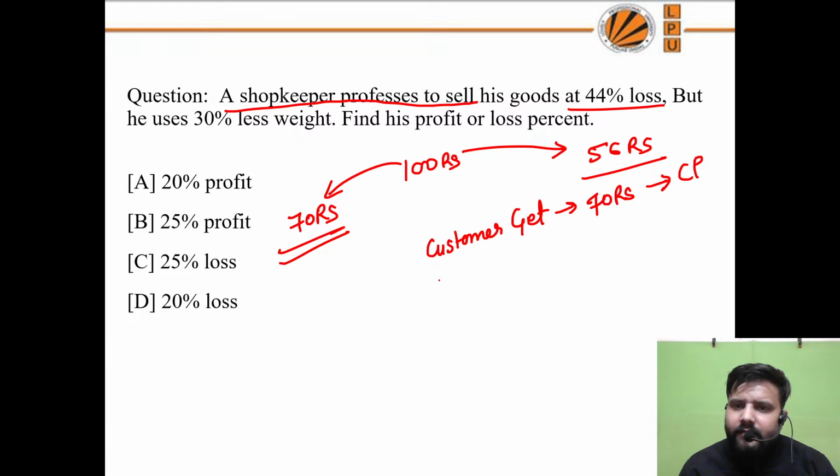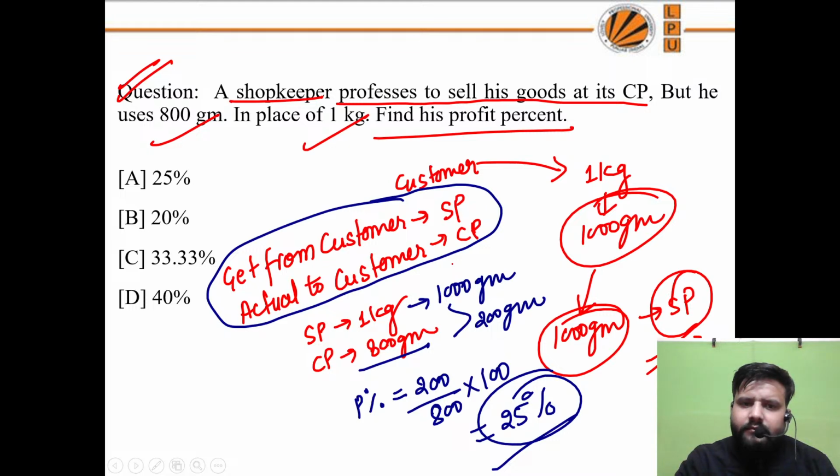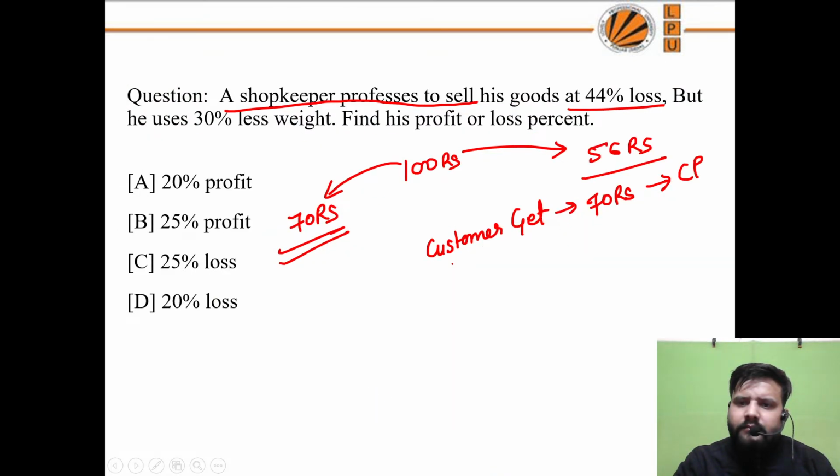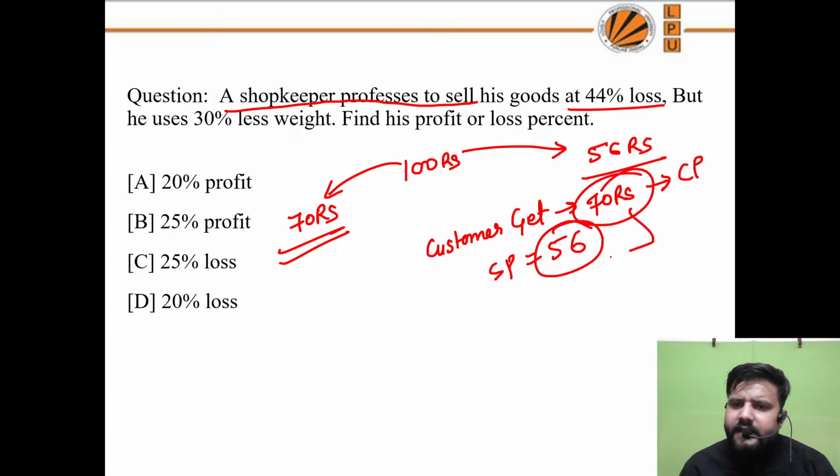So your SP for the question is 56. So if CP is 70, SP is 56, so there is a clear loss of 14 rupees.